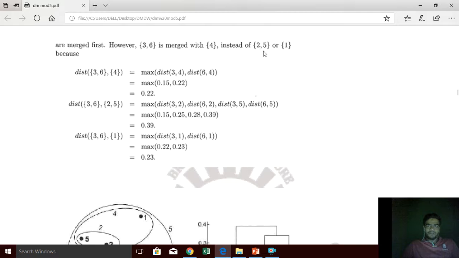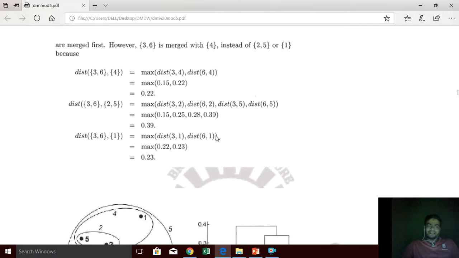If you take {2,5} and {3,6}, again 3,2 and 3,5, 6,2 and 6,5, the maximum is 0.39. If you merge with 1, 3,1 and 6,1, the maximum is 0.23. So out of this, which one is the minimum?